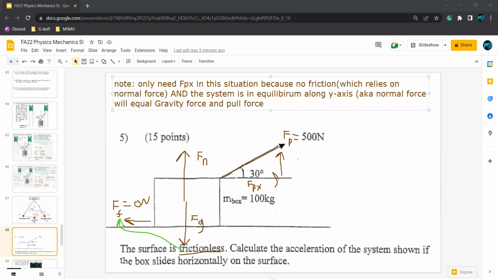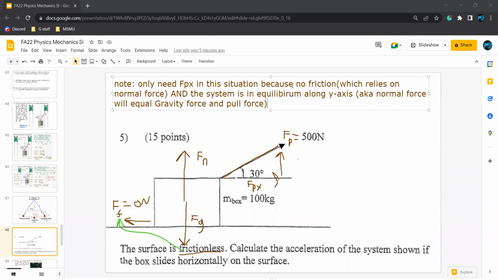So basically, what I'm saying here is you only really need F_px, and you know this because, one, there's no friction. That means that there's no other force acting in the x direction. And you would normally use normal force to calculate for force friction. Two, the system is in equilibrium along the y-axis.